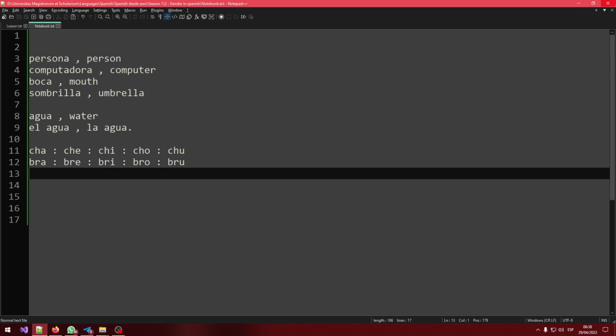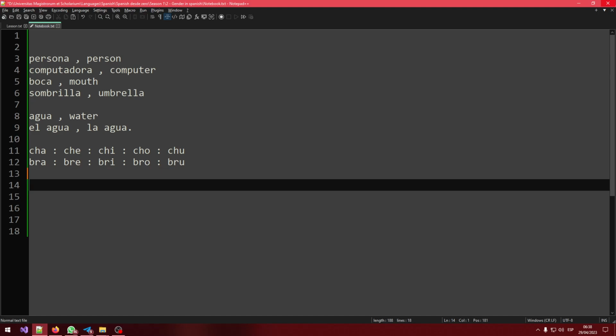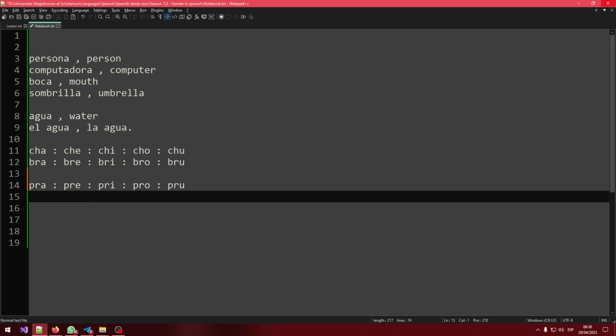You will notice that you can combine a consonant with ra, re, ri, ro, ru. For example, we can also say pra, pre, pri, pro, pru.